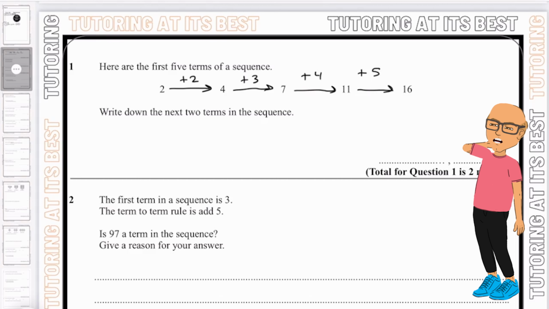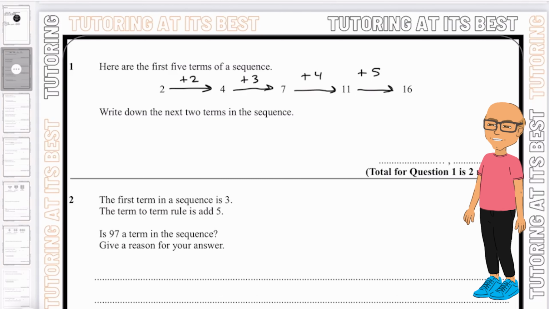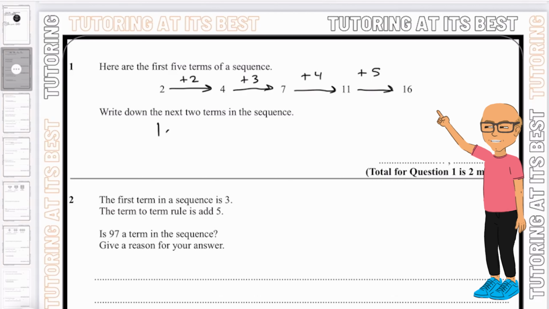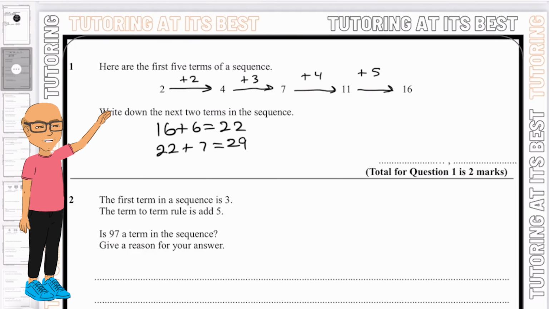So now we know it's going to be incrementing by 1 every time. So 2, 3, 4, and 5. So we could say that it goes up in consecutive numbers. So now we know 16 add 6 is going to be our next term here, which is 22. And then 22 add 7 is going to be 29. So we can write 22 and 29. I hope that was clear.